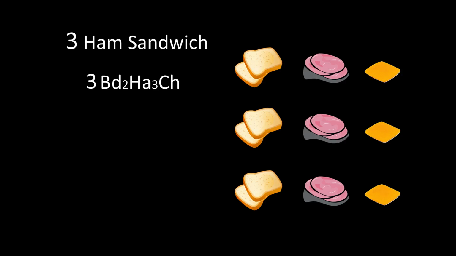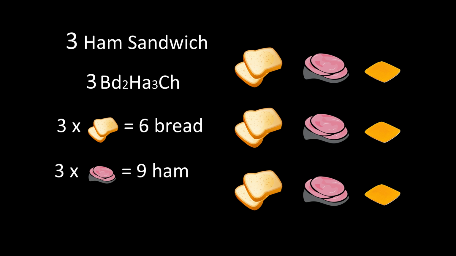To do that, we just multiply each ingredient by 3. So 2 pieces of bread times 3 means there are 6 pieces of bread. 3 slices of ham times 3 means there are going to be 9 slices of ham. And 1 slice of cheese times 3 is going to give us 3 slices of cheese.